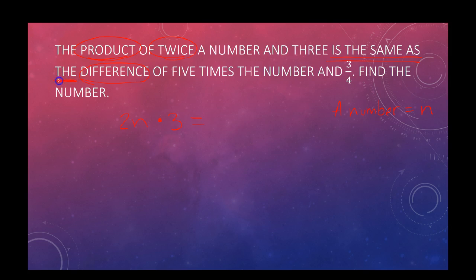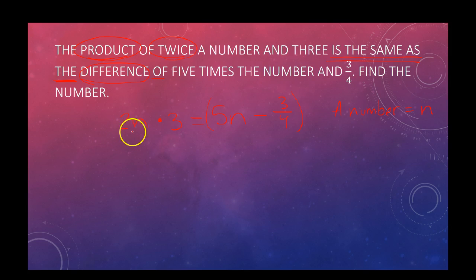But remember, when I see the and surrounding that, it has to go in parentheses. So 5 times that, so 5, and then in parentheses goes that difference. No, I apologize. It's just 5 times the number minus 3/4. And again, I could put that in parentheses.